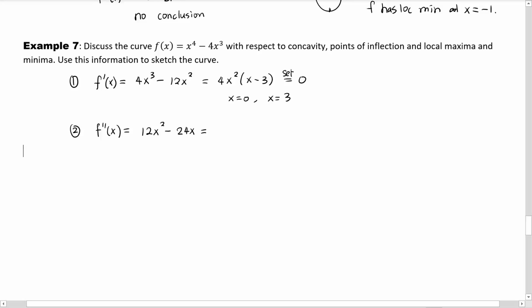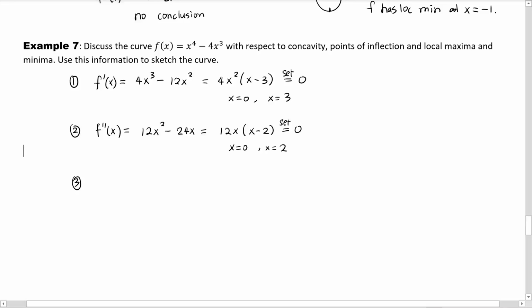The common factor is 12x, and what's left is x minus 2. We set it equal to 0 and get x equals 0 and x equals 2. Those are possible inflection points, but we don't know yet whether they are inflection points because we haven't checked whether the second derivative changes signs.